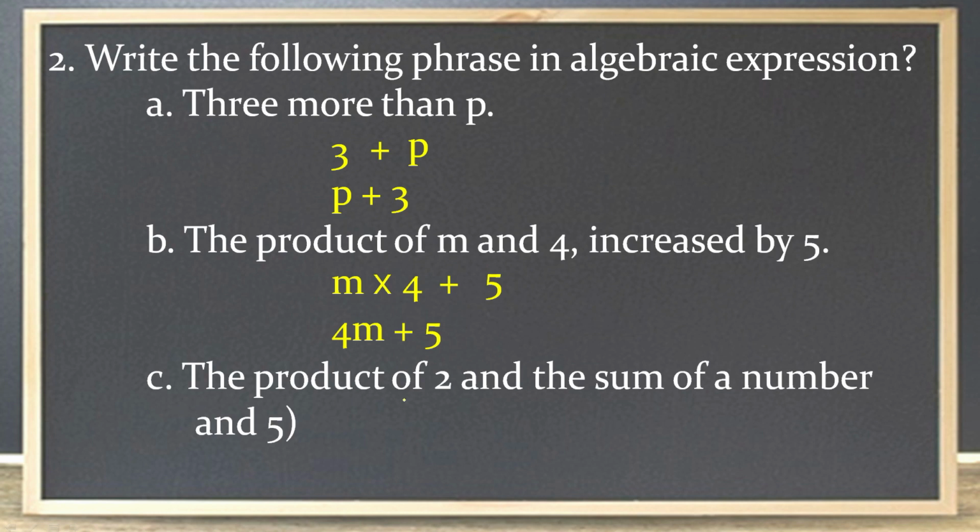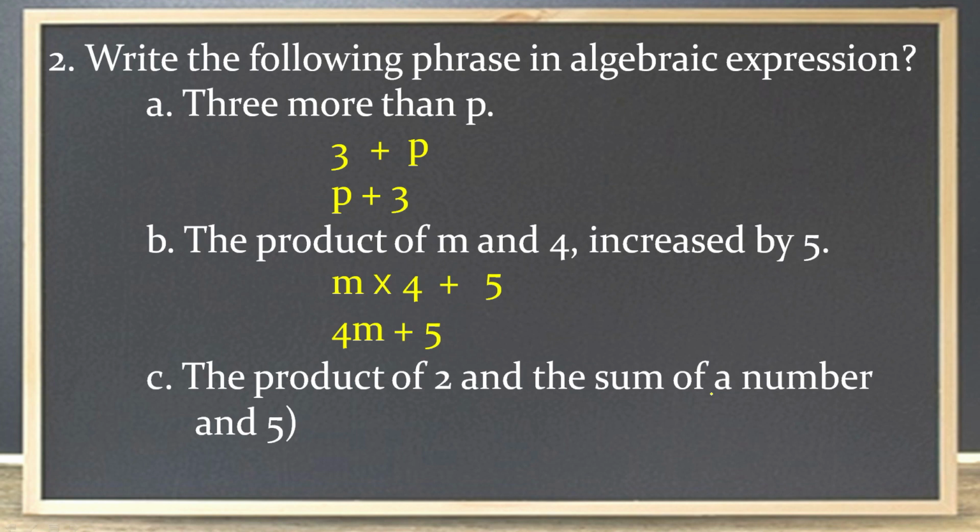Then C, the product of 2 and the sum of a number and 5. So you have the product of 2, because you say product, you multiply 2 by what? The sum of a number and 5. So what's that number? When we say a number, it means it could be any value. We do not know that value, and it may change based on the situation.